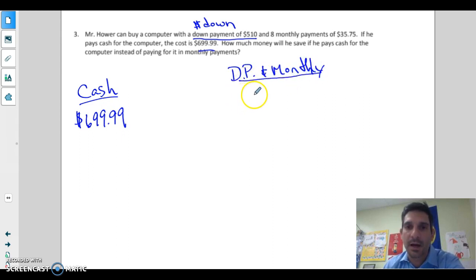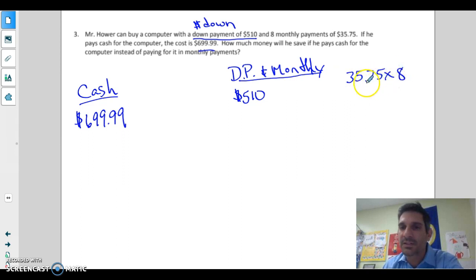So now I have the down payment of $510, and then 8 payments of $35.75. So I have to figure out how much that is going to cost me over 8 months. So $35.75 times 8. Well, this is basically saying 3,575 hundredths times 8.